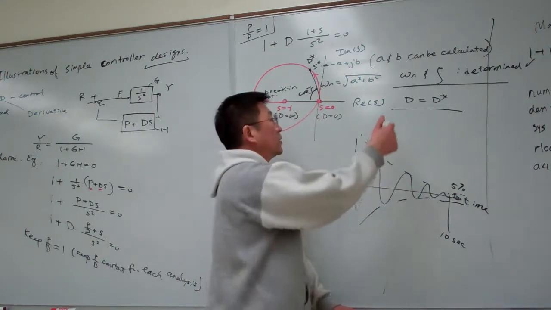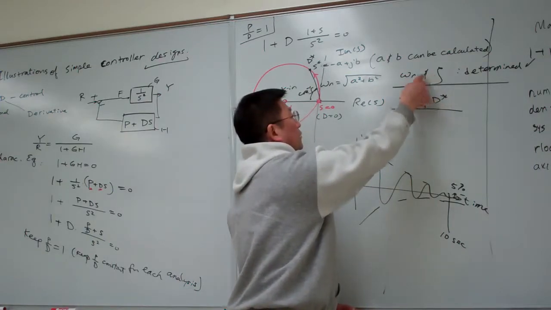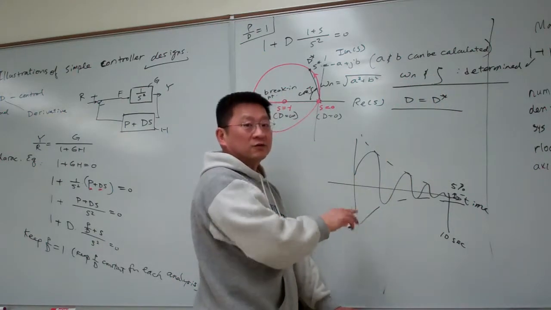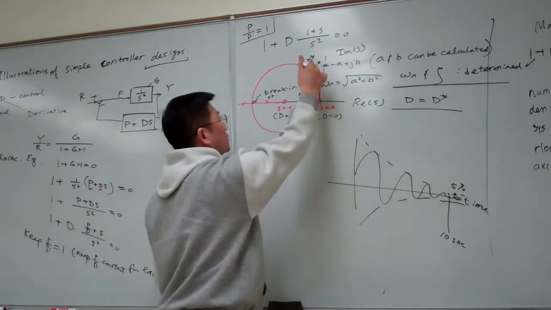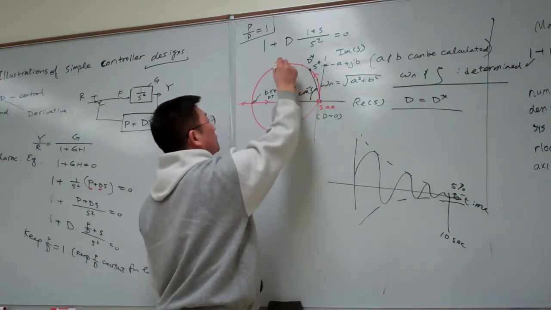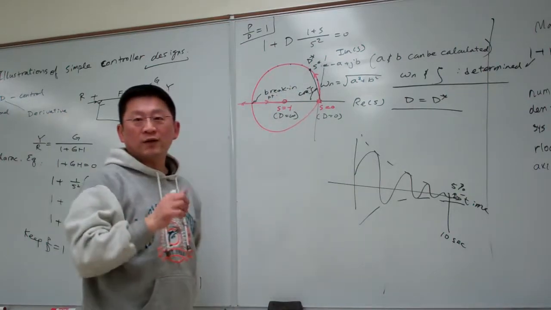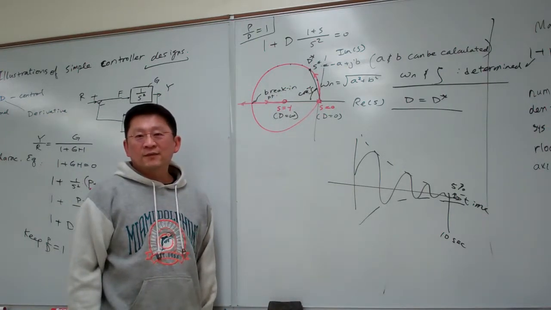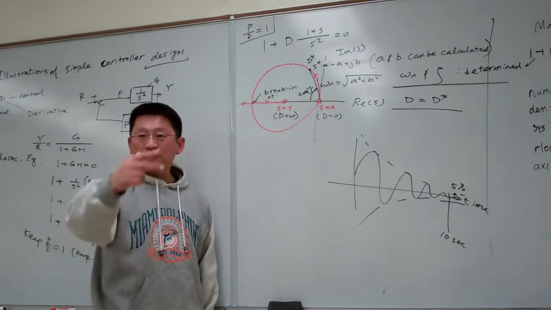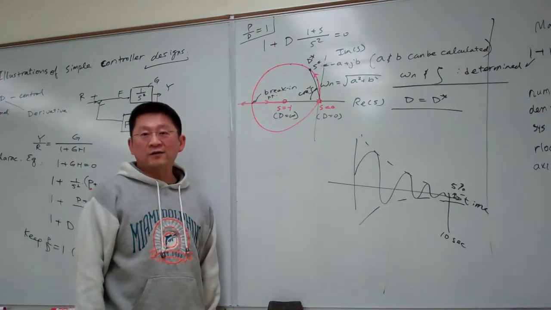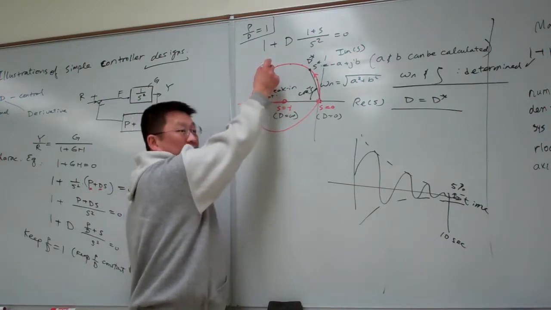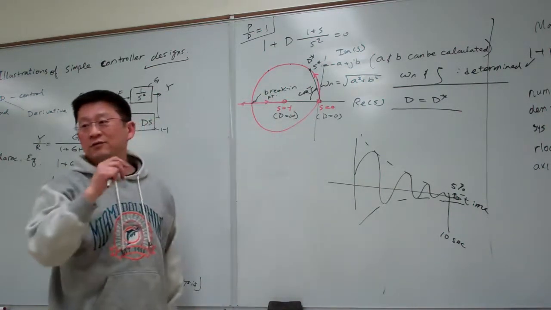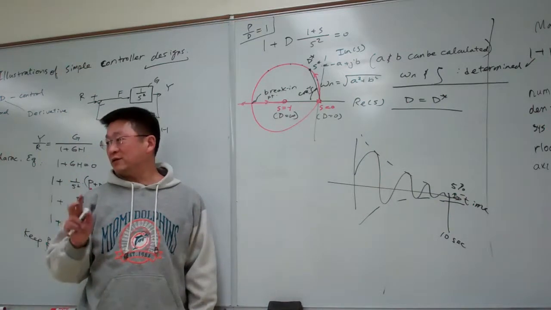Then you simply keep playing. What would be good numbers for the two? Keep playing to satisfy all the requirements. And how do you keep playing? Basically, you simply keep selecting different locations of those points on the root loci. Every time you do the calculation, or simply using MATLAB, you put your cursor roughly there, and from that cursor the window can give you good numbers.